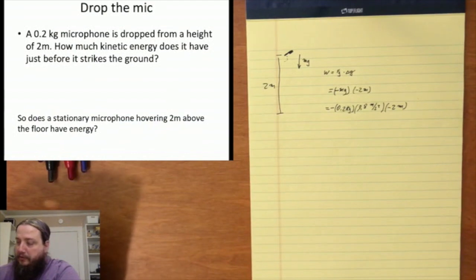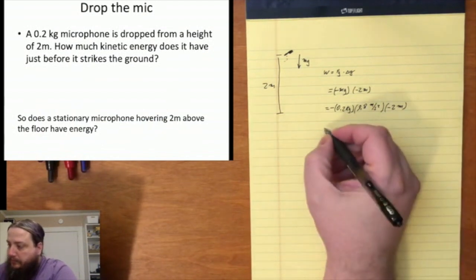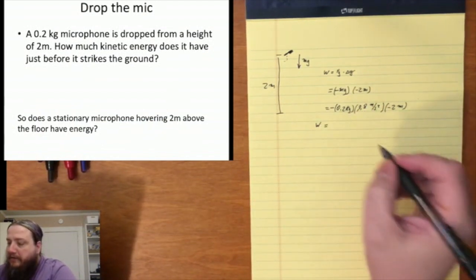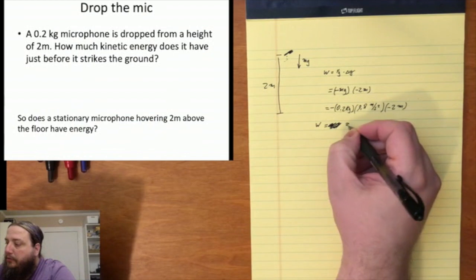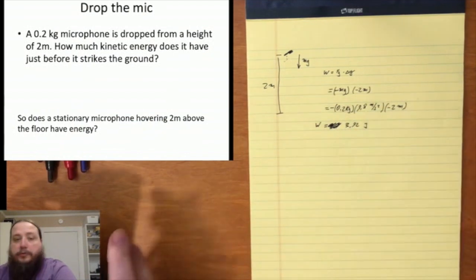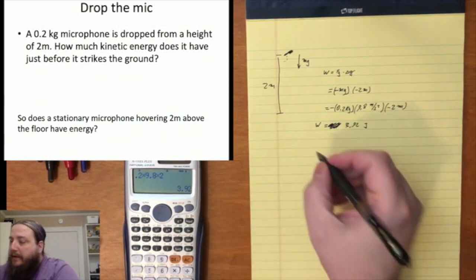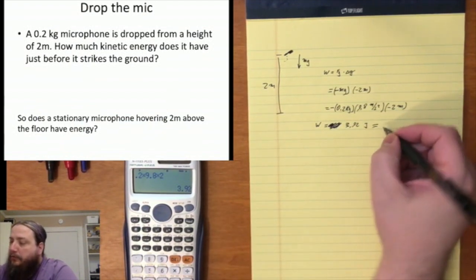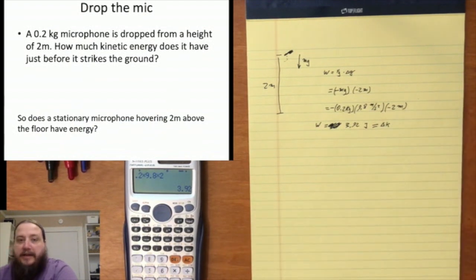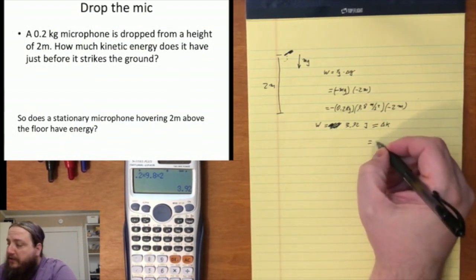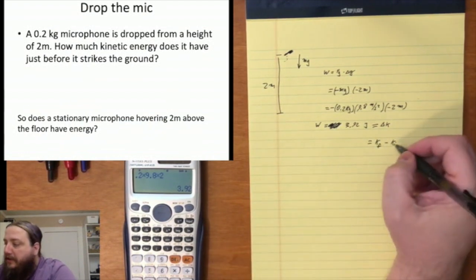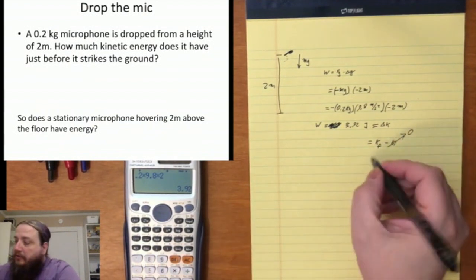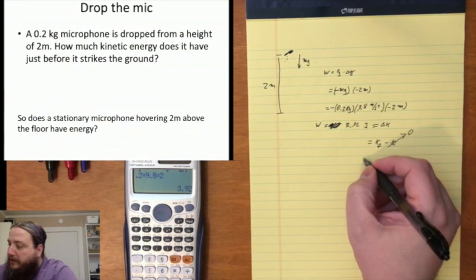So we take the calculator, 0.2 times 9.8 times 2, and the work done by gravity is 3.92 joules of energy, and that's got to be equal to the change in the kinetic energy. So that's the final kinetic energy minus the initial kinetic energy, and we said the initial kinetic energy was 0, so this is just equal to the final kinetic energy.